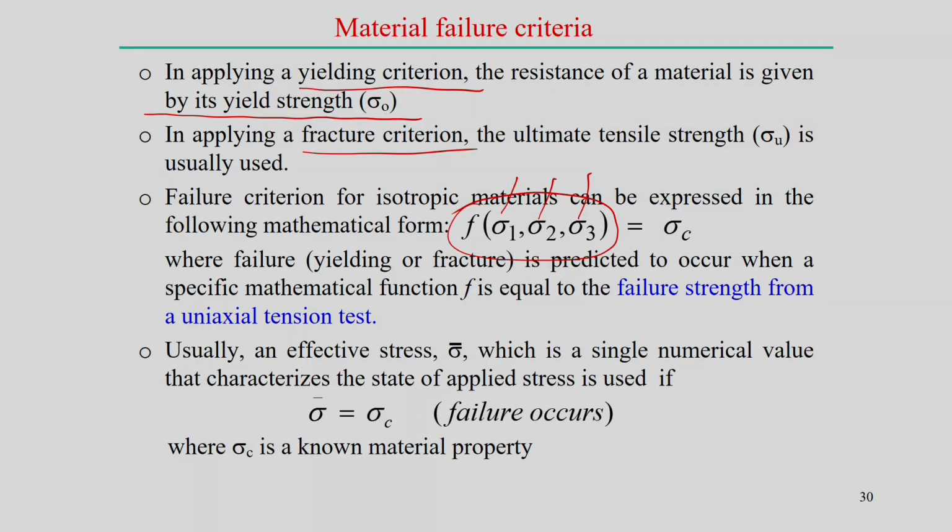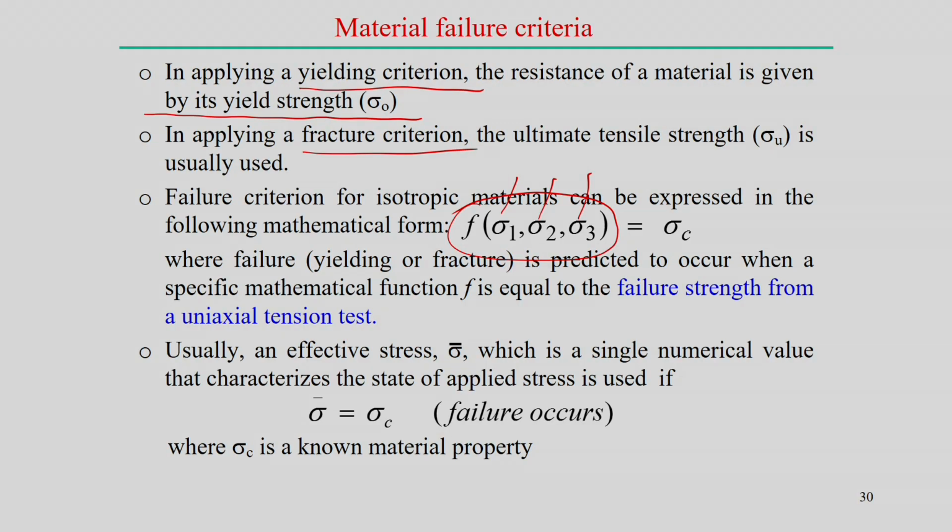For example, a component may be subjected to different kinds of combined loading, but we represent it in terms of the stress tensor: 3 components of normal stress and 3 components of shear stress. These 6 components can be represented in terms of the principal stress components sigma 1, sigma 2 and sigma 3.